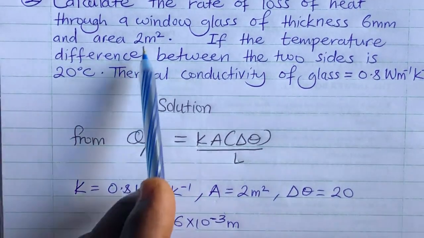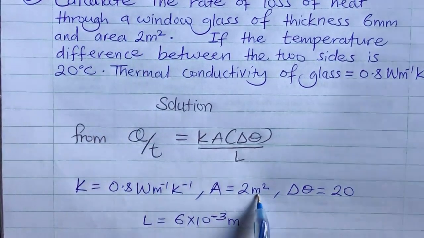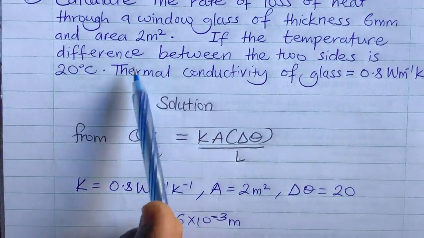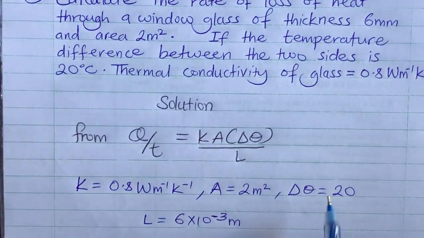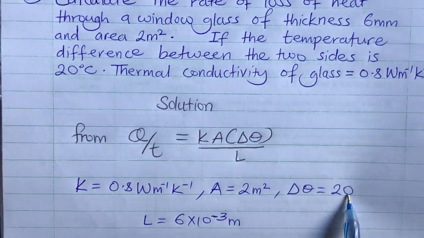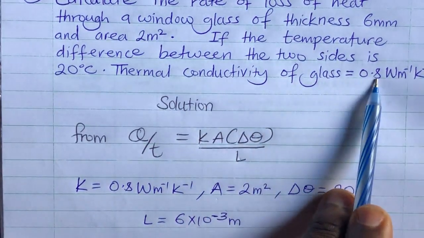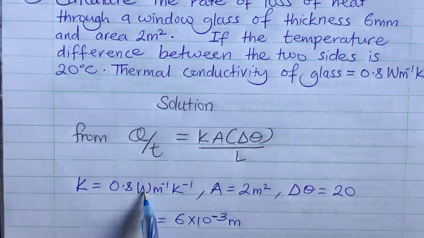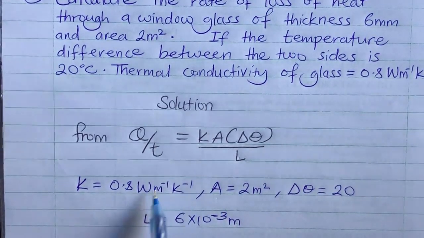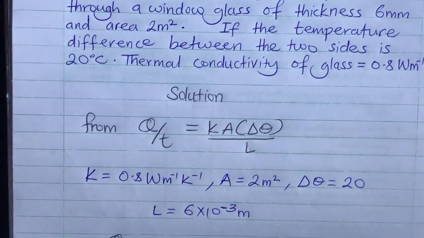Then we are also given the area. Area is given already in the SI unit, so we shall just record it. We are given the temperature difference, meaning it is already a difference, so we shall just record it as 20. And then we are given the thermoconductivity of glass as 0.8 watt per meter per Kelvin. This one is already given in the correct units.